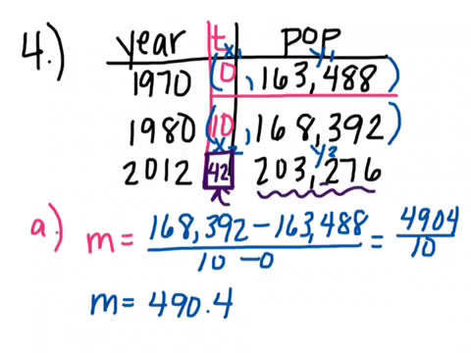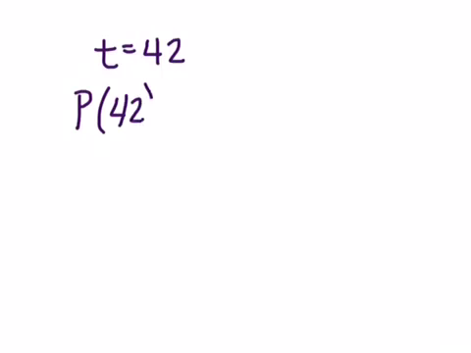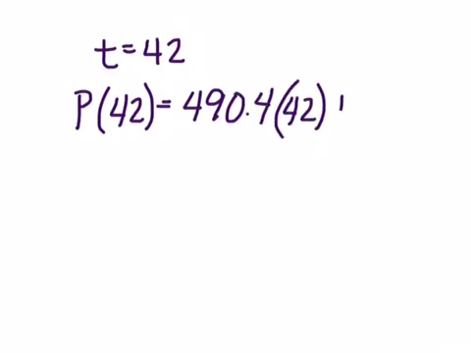Okay, so let's make a new page here. So we had our time is 42, and we want to see what our output is of our equation. So population at time 42 equals, our slope was 490.4 times our time plus our initial population, 163,488.